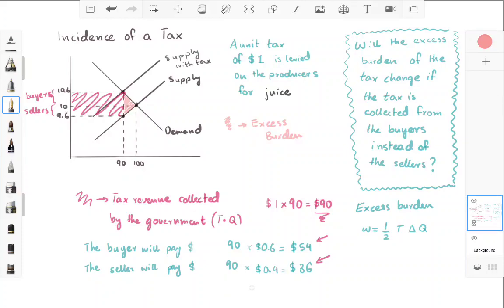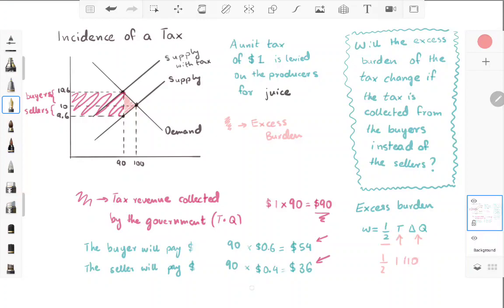And so to calculate this loss in well-being, we use this formula here, which is half times the amount of tax times the change in quantity.